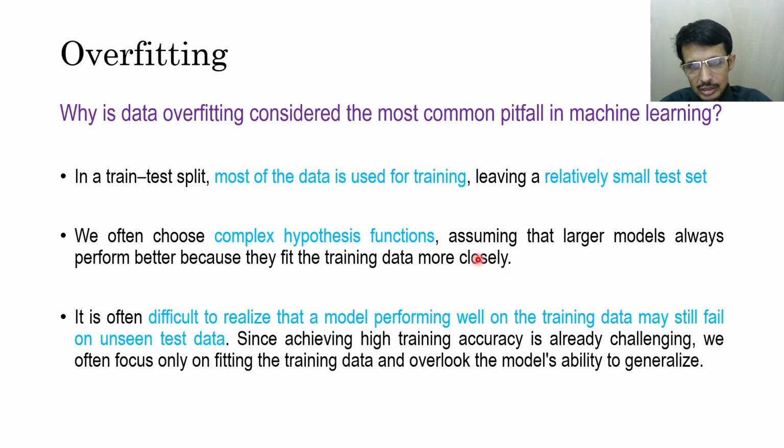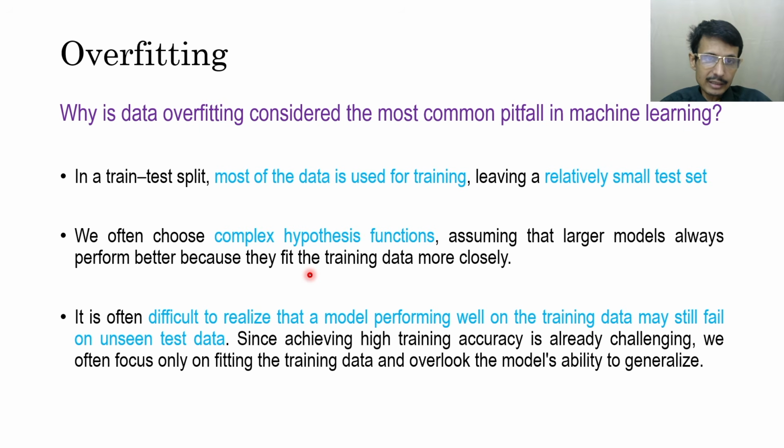Our major attention is on how we can get a good result on training data. But we forget one basic assumption of machine learning: the performance of the model doesn't only depend on how it behaves on the training data. Mainly, it depends on how it performs on the testing data. So this is another reason.